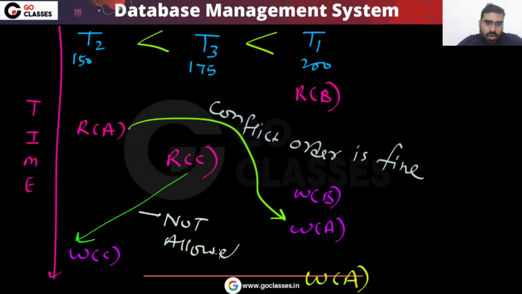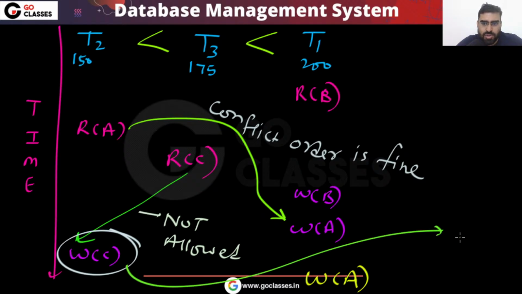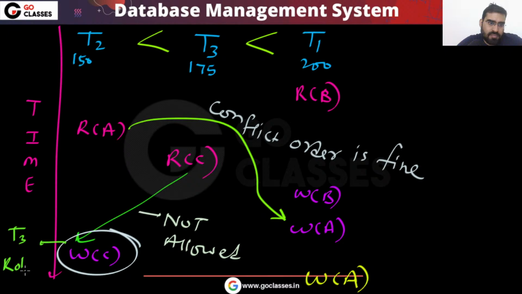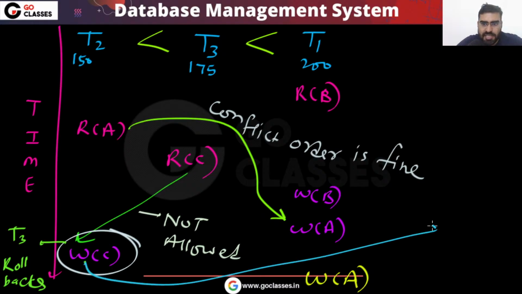If this is not allowed, then who will roll back? So this is unsuccessful. So here you can notice, at this point of time, I can say T3 rollbacks. So remember that this operation is unsuccessful, so this will be rollback.